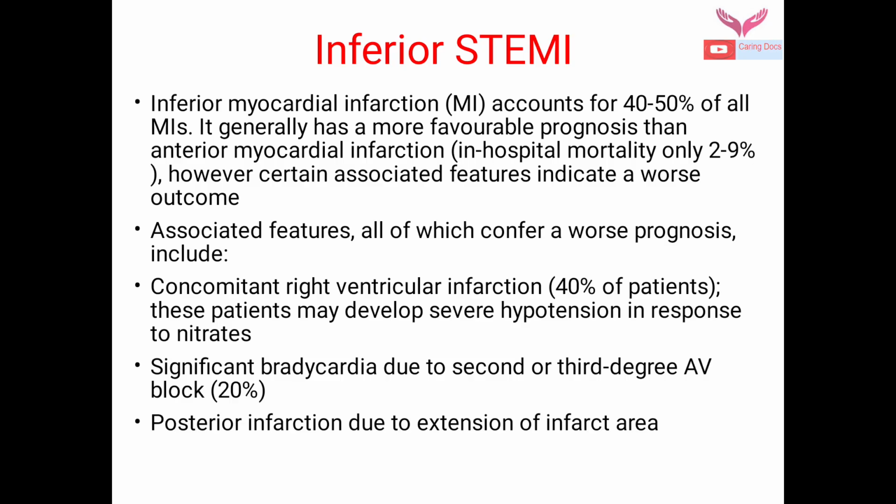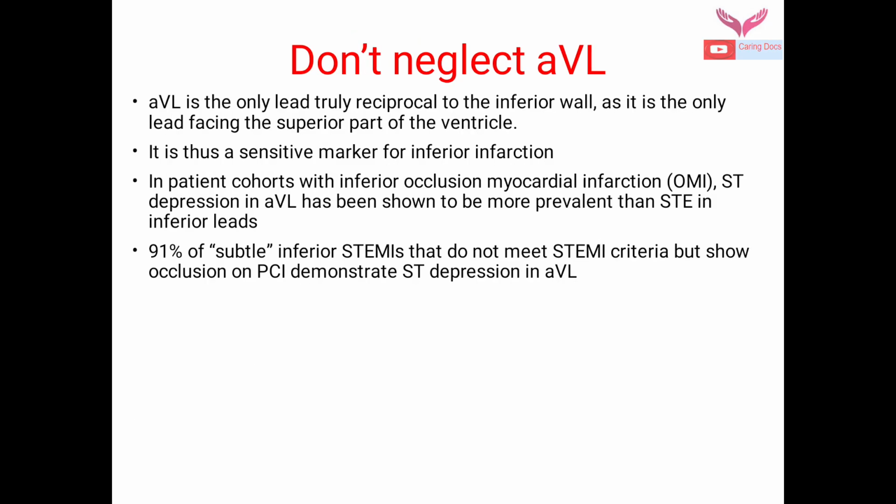These features are concomitant right ventricular infarction in 40% of the patients. These patients may develop severe hypotension in response to nitrates, significant bradycardia due to second or third degree AV block, and posterior infarction due to extension of the infarct area.